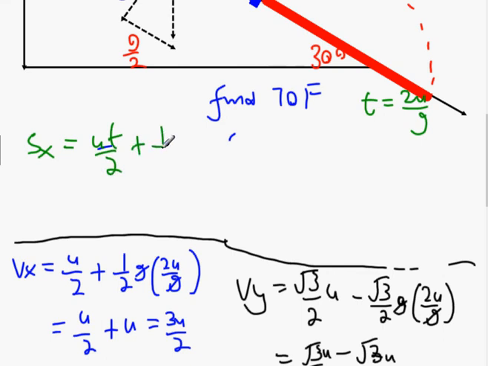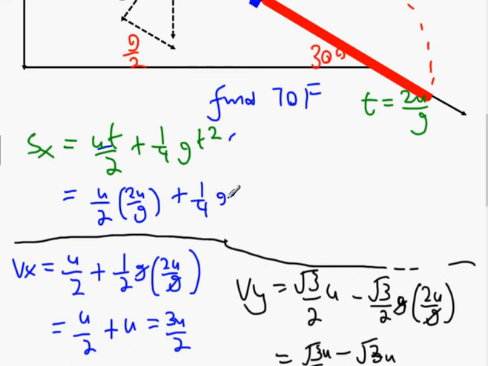Tom, you just keep it in mind, make sure it works out here. And then it's going to be u times over 2 times 2u over g. This is going to be u over g. Then it's going to be a quarter g times 4u squared over g squared, and then the 4 will cancel with that 4 there.